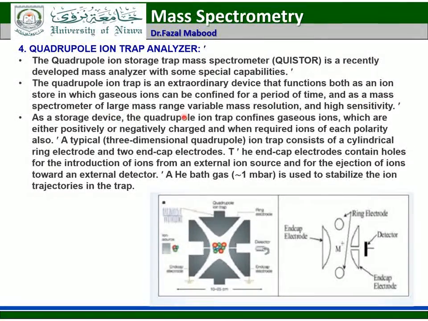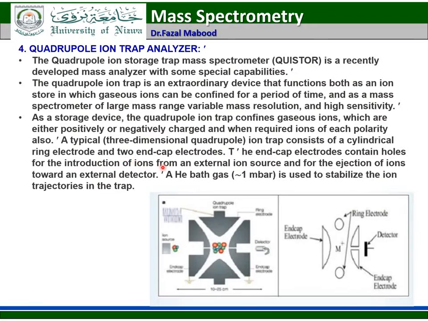As a storage device, the quadrupole ion trap confines gaseous ions, which are either positively or negatively charged, and when required, ions of each polarity also. A typical three-dimensional quadrupole ion trap consists of a cylindrical ring electrode and two end-cap electrodes.